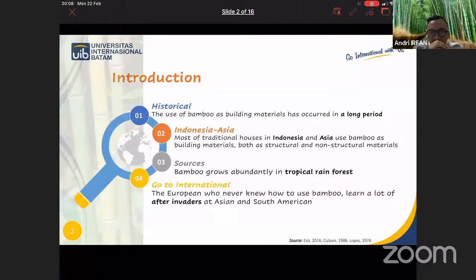Like in Indonesia, invaders from Europe, like the Dutch, Spanish, or other countries, up to the 80s of the last century, usually limited its use to the construction of some scaffolding and simple dwellings. In other countries like Brazil, there have been systematic studies, and since around 1970 a lot of papers discuss bamboo in structures.